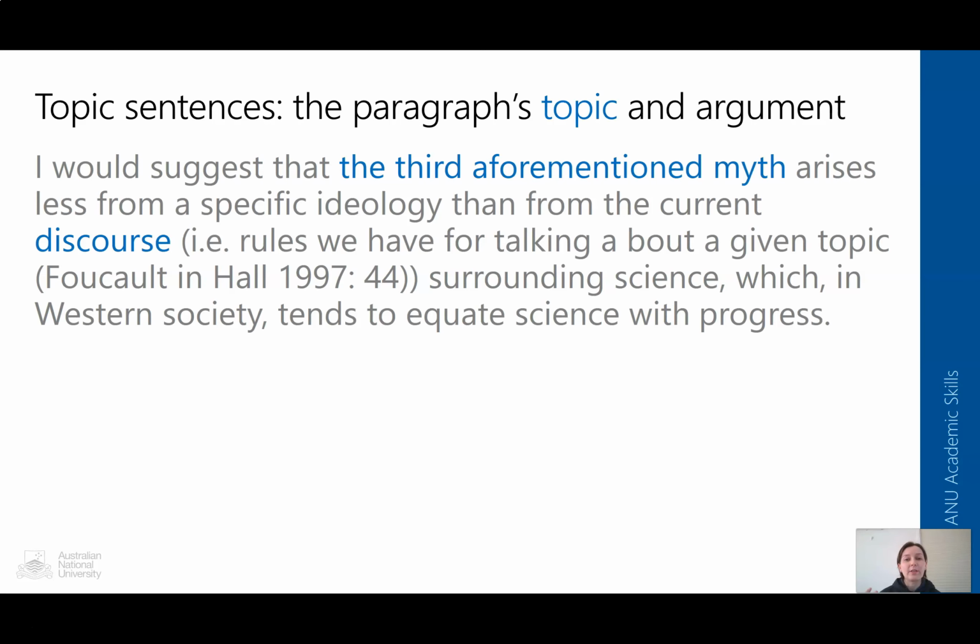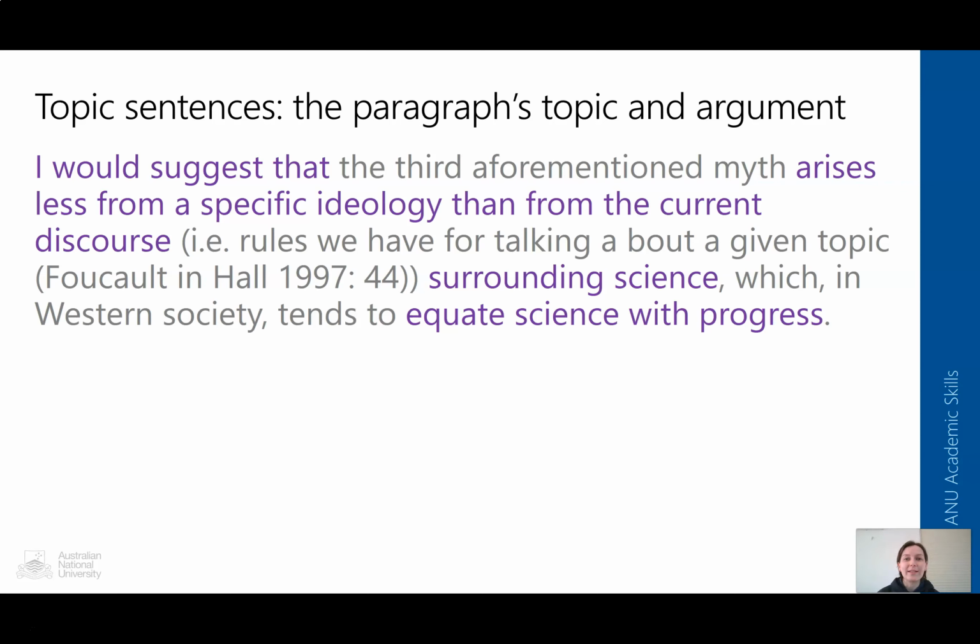So it shows that the topic of the paragraph is going to be about how the myth is actually around some discourse. So the myth arises from a particular discourse. So the topic of that particular paragraph is about discourse, just generally. But the key thing is that the answer to the question is that it's providing a specific discourse about equating science with progress.